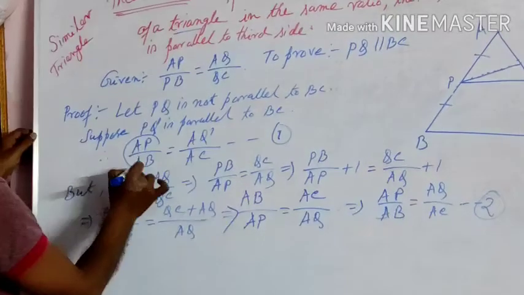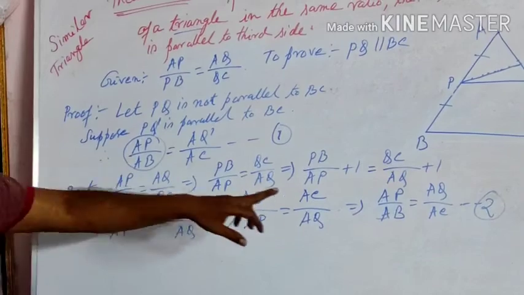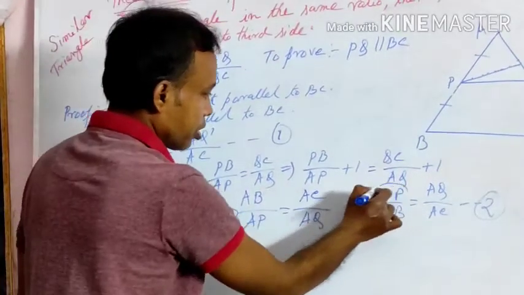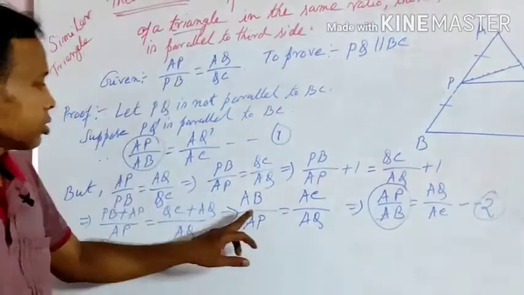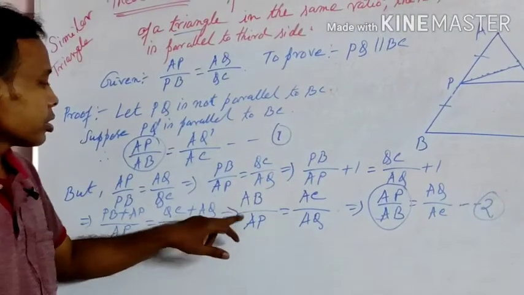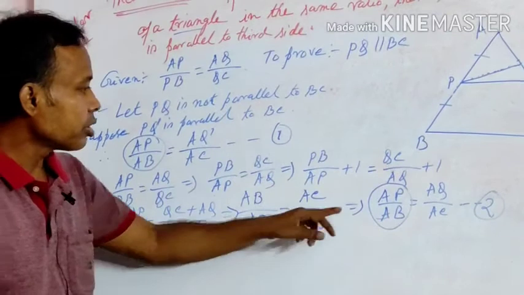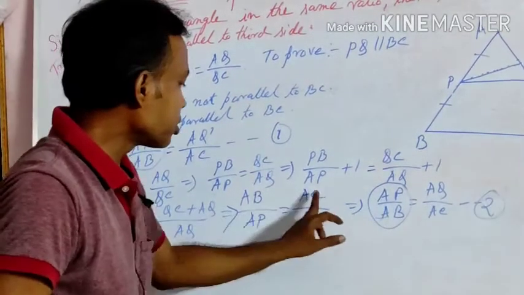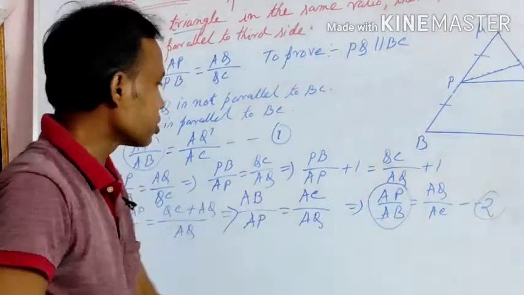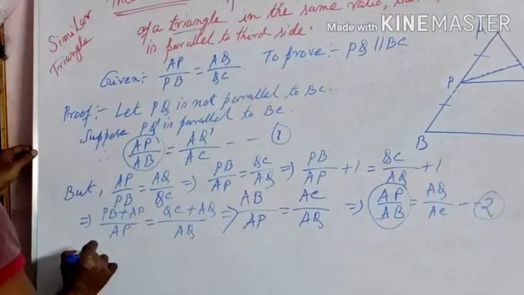In the left hand side this is AP by AB, so here the left hand side must be AP by AB. That is why I take the reciprocal of AB by AP, thus AP by AB, and also the reciprocal AQ by AC. So now comparing equation 1 and 2.